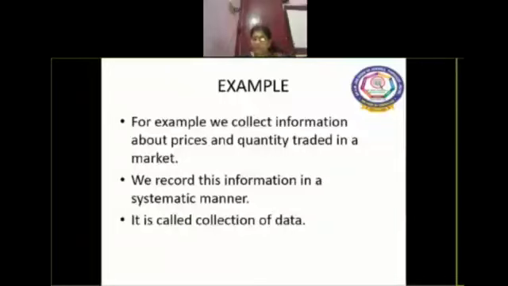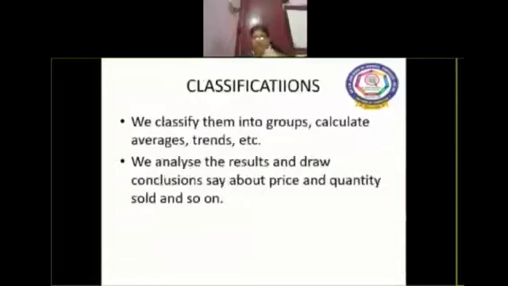Further, if we work more on this data, we classify them into groups, and it will be helpful to calculate averages and trends, whether there is an increase or decrease in price. And we analyze the results and draw conclusions about price and quantity sold, and so on. So with the help of the data we collected, we analyze and can take some decisions regarding that.